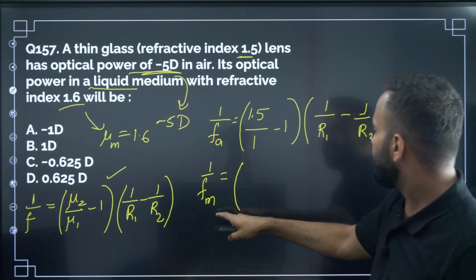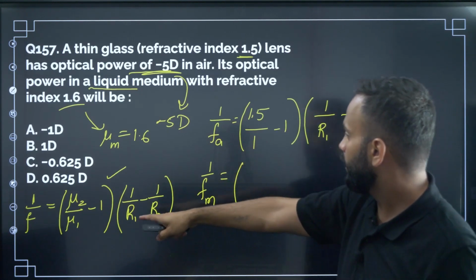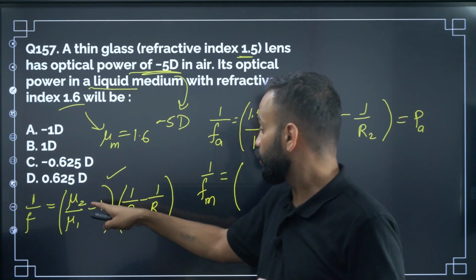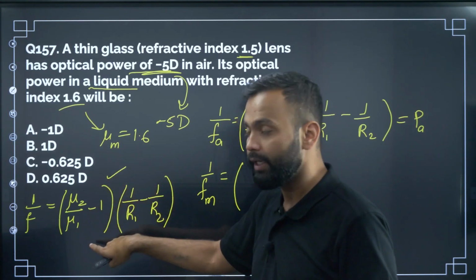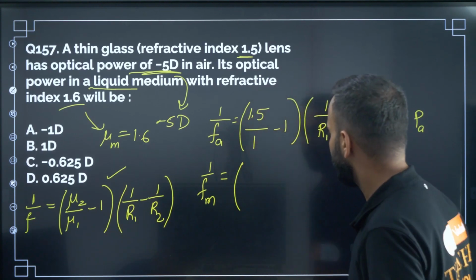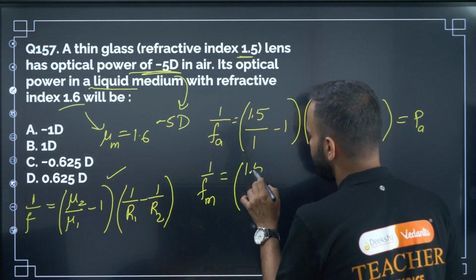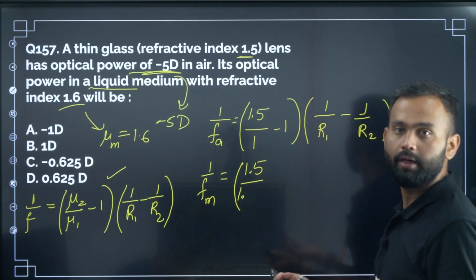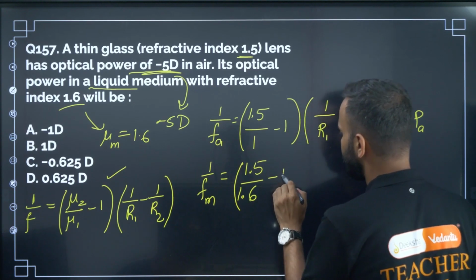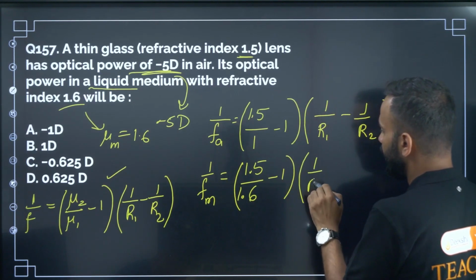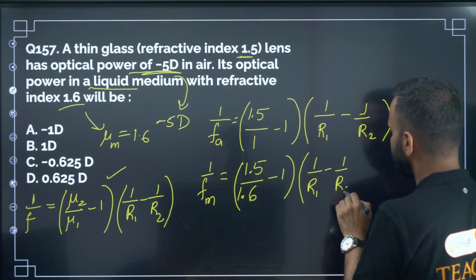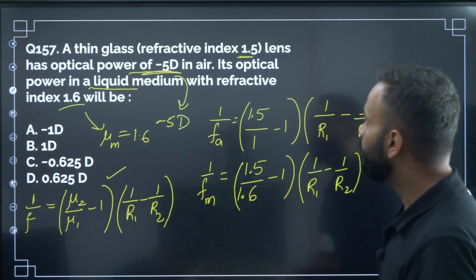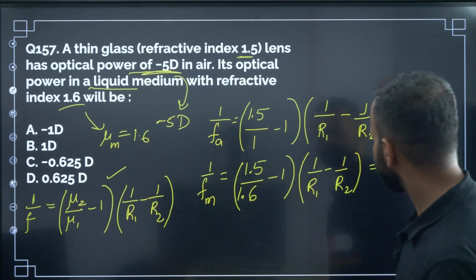So 1 divided by Fm is equal to the relative refractive index, that is the refractive index of the glass with respect to the liquid medium, 1.5 divided by 1.6, minus 1, into 1 by R1 minus 1 divided by R2, which is equal to Pm, the power of the lens when immersed in liquid.